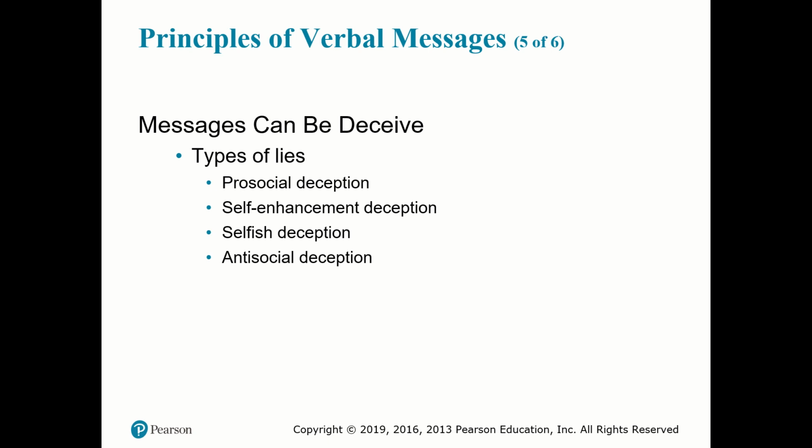Then you have the self-enhancement deception, which is meant to boost your own self-image, the way you see yourself, as well as how other people see you. So you might brag about how good you are at a particular skill or a particular hobby, even if you may not be that great.